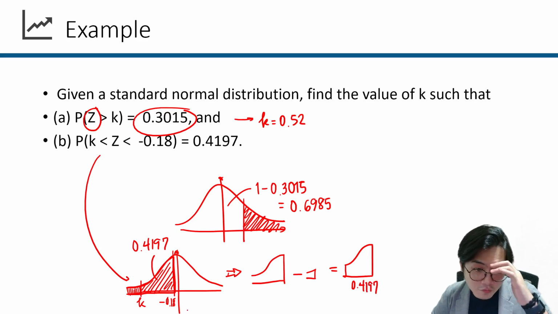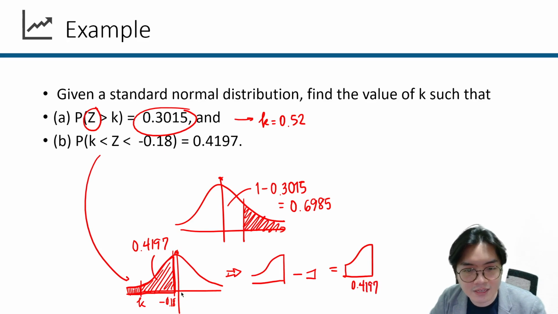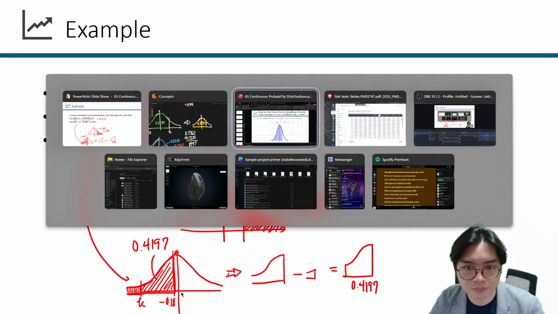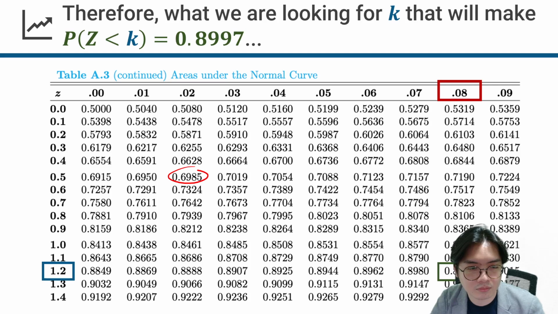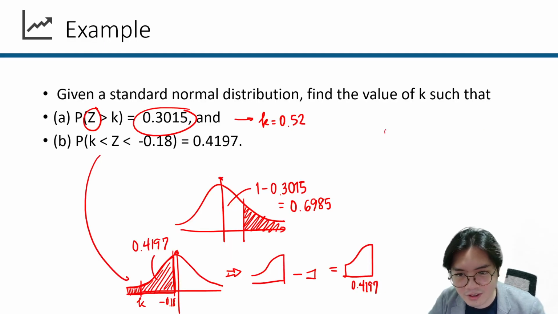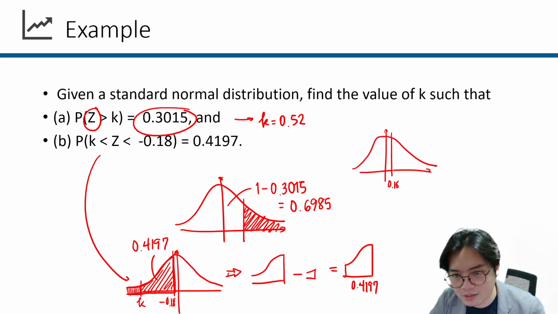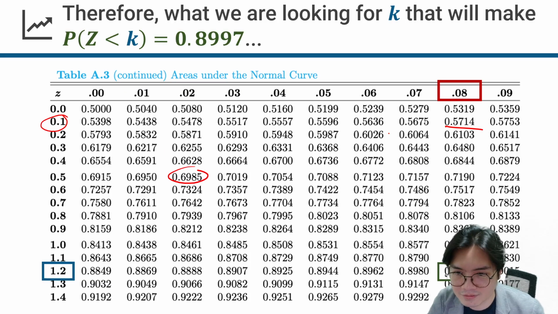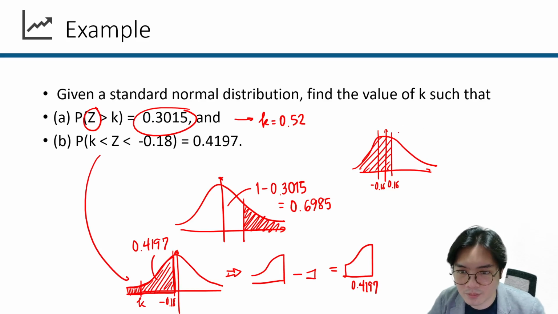Let's look at our value of negative 0.18 in here. Where is that? Oh, I can get it from here. 0.18, so 0.5714. You might say, what are you doing? In this case, we know that this is 0.18, this is negative 0.18. This total right here is 0.5714.